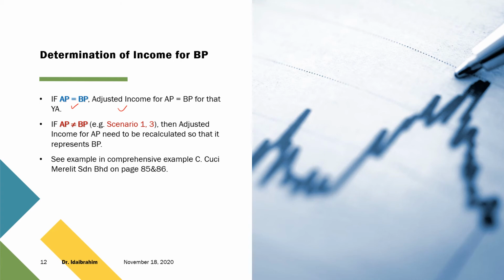However, if AP here is different from BP, meaning the accounting period is not similar to the basis period, like in scenario 1 and scenario 3, therefore you need to adjust the adjusted income for that accounting period to be suitable for the basis period.